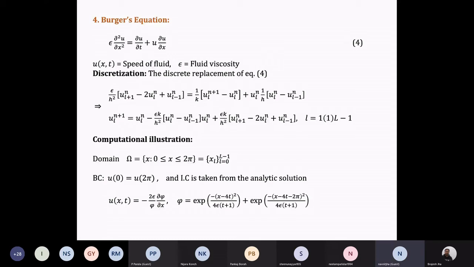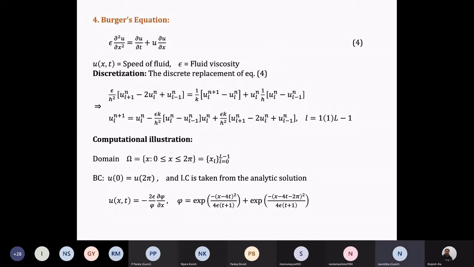Well, things are not easy. The only thing is, how can we visualize it? Burger's equation means I am basically talking about the Navier-Stokes equation. My main goal is to reach up to the Navier-Stokes equation by doing this.